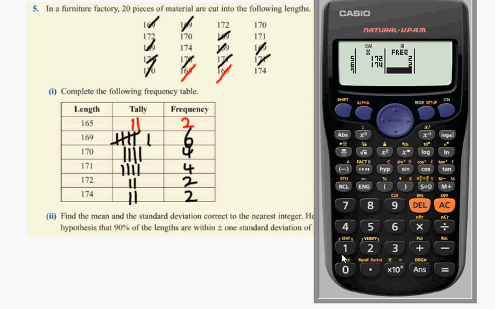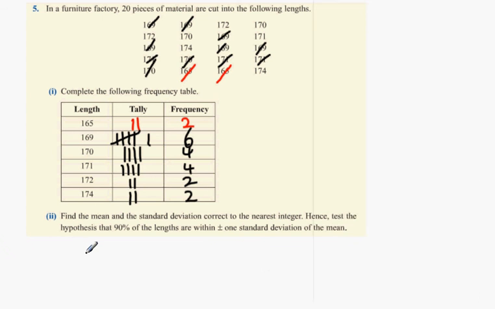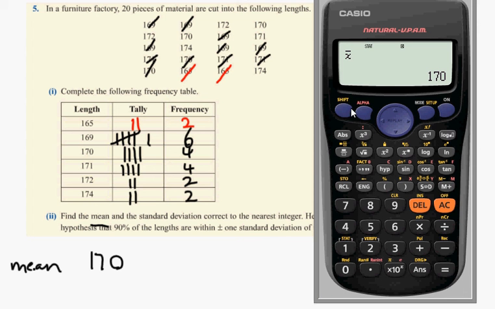Now that you have that done, press your AC button, then Shift, Stat, and press Variable for number 4. The mean is number 2. You find out that the mean is 170. The next thing it's going to ask you is what is your standard deviation.